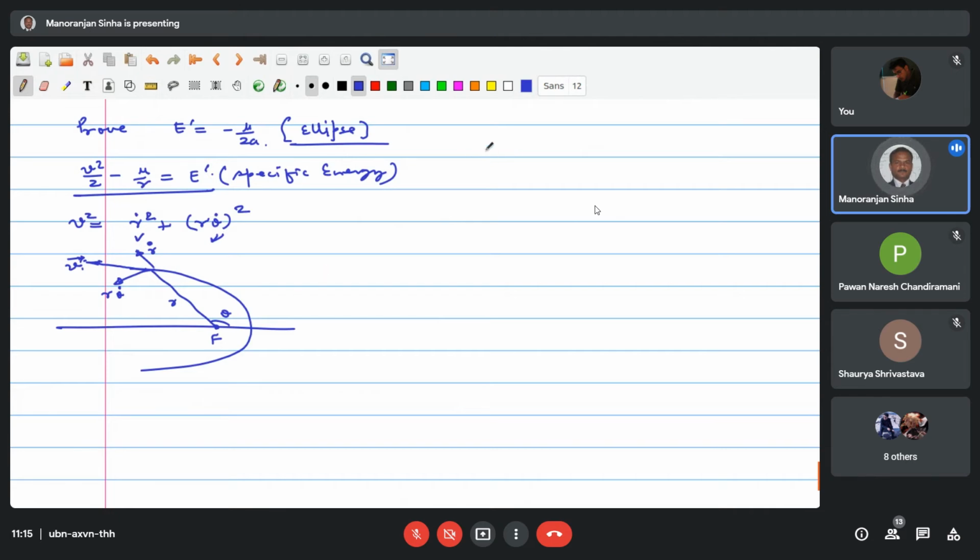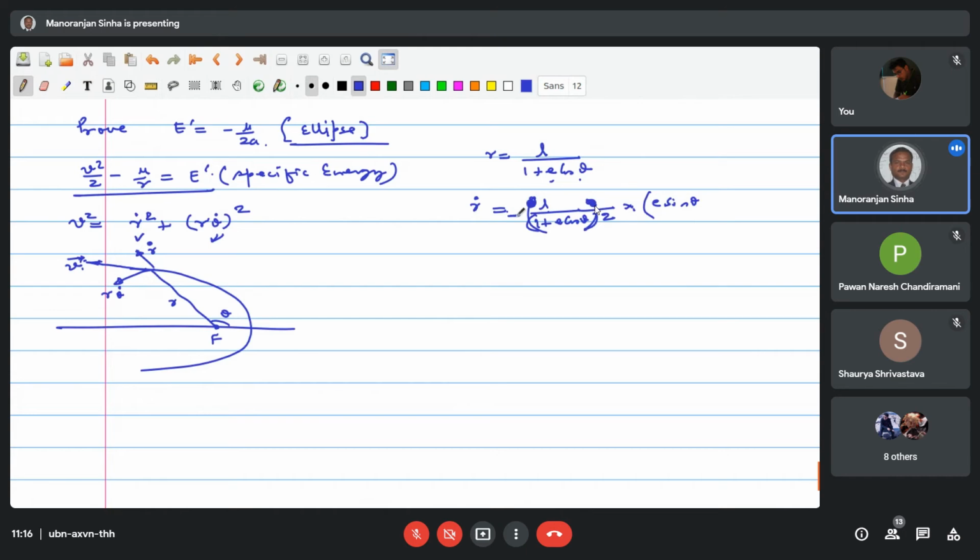In this process, we use this equation R equal to L by 1 plus E cos theta, and therefore R dot can be written as minus L by 1 plus E cos theta whole square, and then times the differentiation of this part, which will be E sin theta.